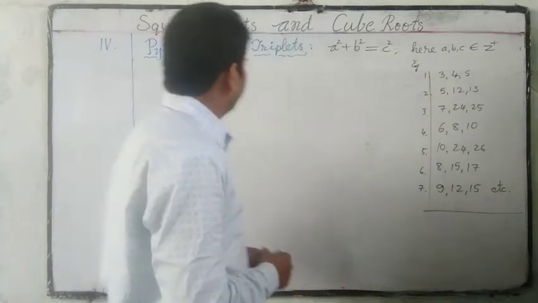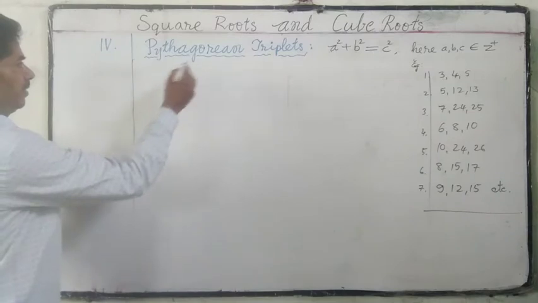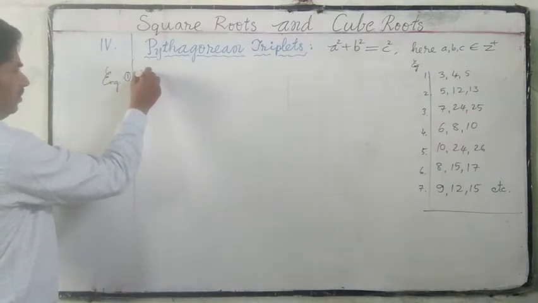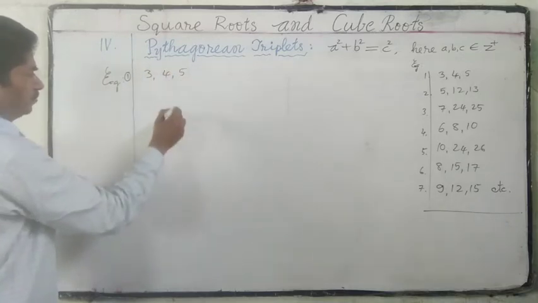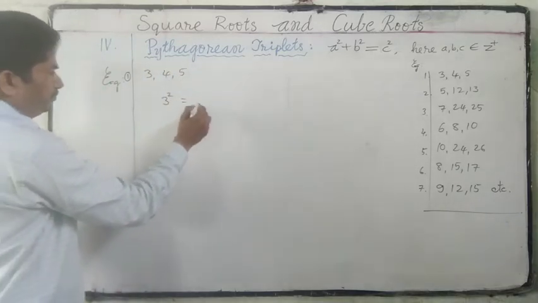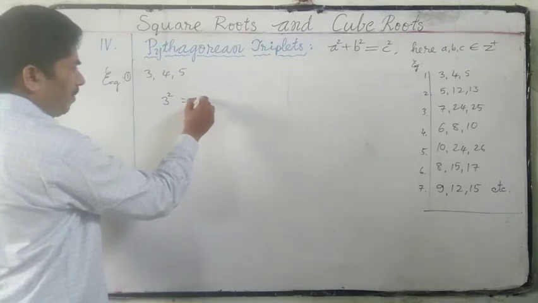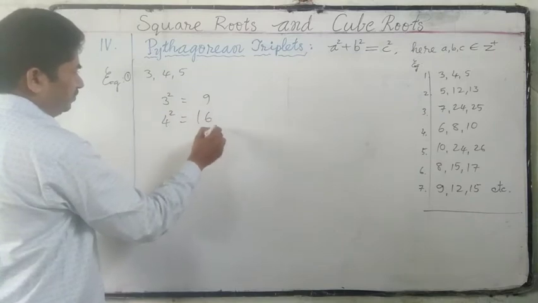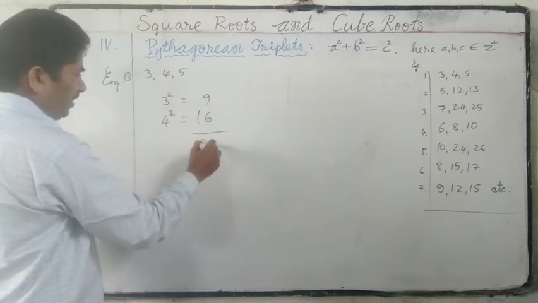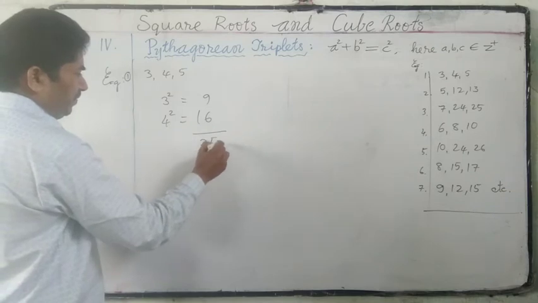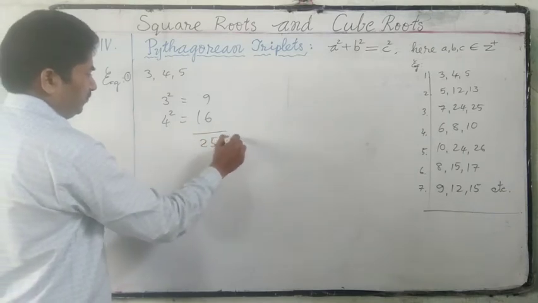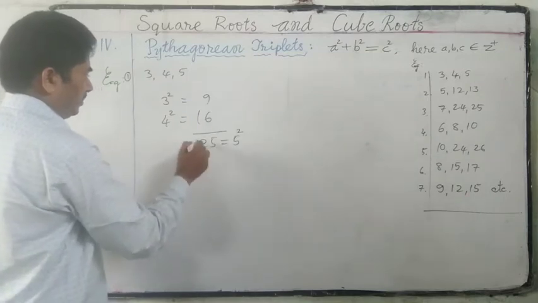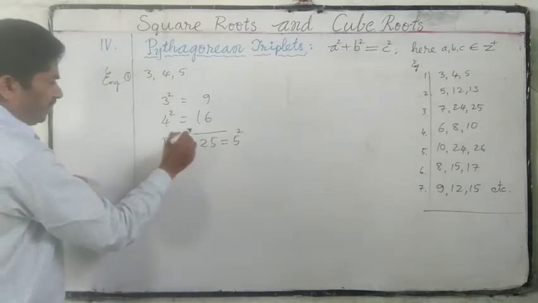Let us check this. Example 1: 3, 4, 5. 3 square is 9, 4 square is 16. Sum of this is 25. 25 means 5 square.